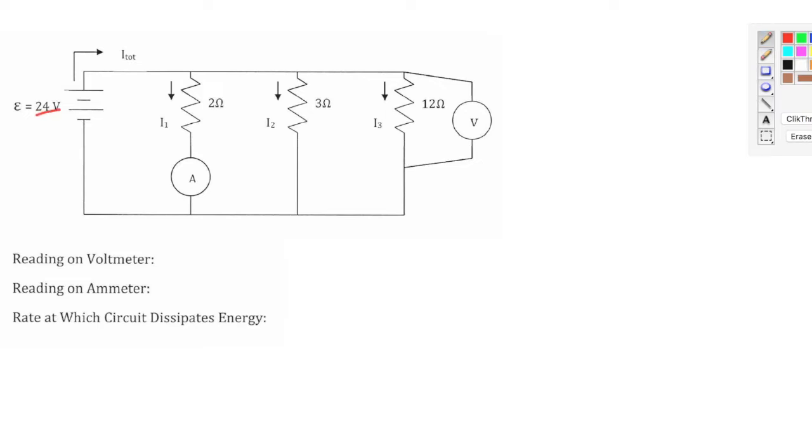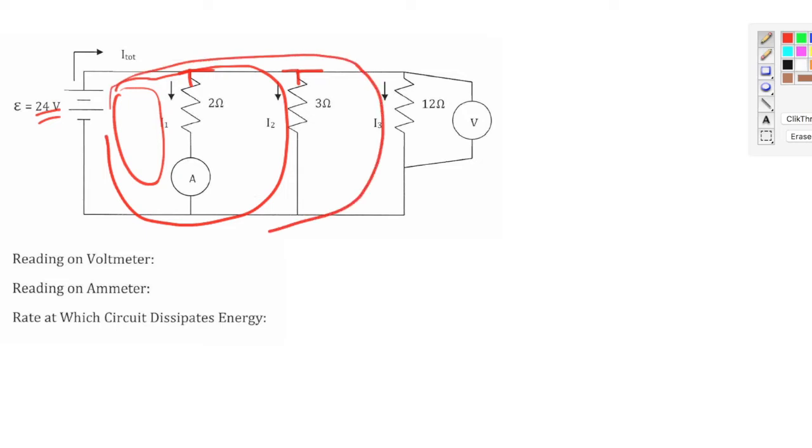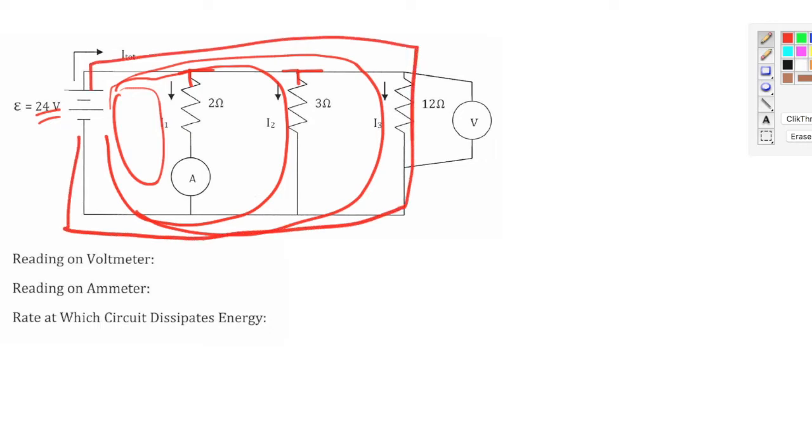So we know that our power source is applying 24 volts, but in this case, we have a lot of branches. All of our current has a choice of going through the first branch, the second branch, or the third branch. So we could hit only one of these branches and still do a complete loop from the positive terminal to the negative terminal of our power source.